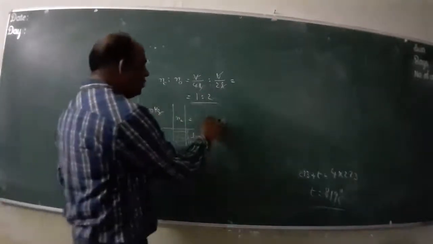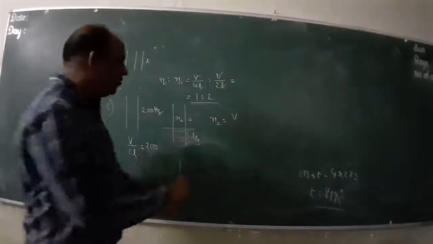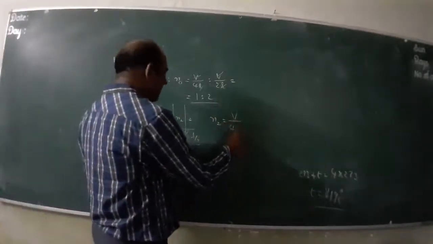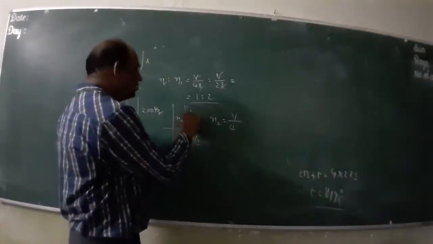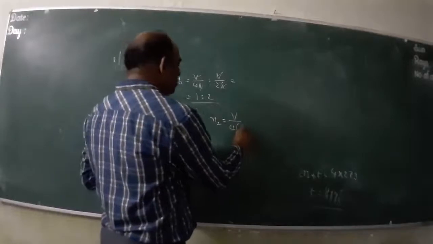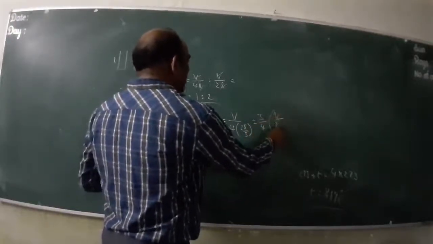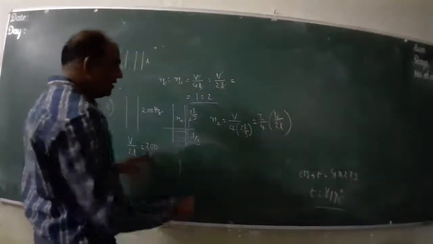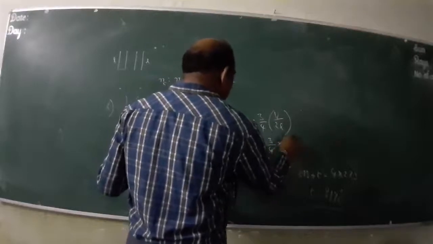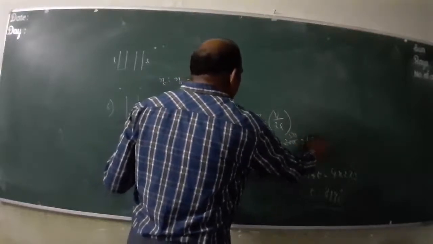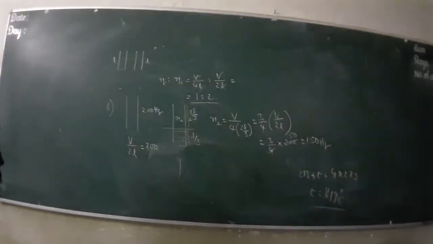Now N2 is that of a closed pipe because it is immersed in water. V by 4L, where L is the length outside water. L by 3 is inside the water, so the remaining length outside is 2L by 3. Substituting 2L by 3, we get 3 by 4 into V by 2L. But V by 2L means 200, so that is equal to 3 by 4 into 200, that is 150 Hz. Now the frequency became 150 Hz.